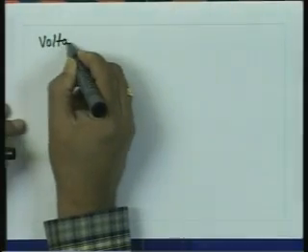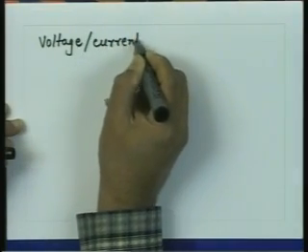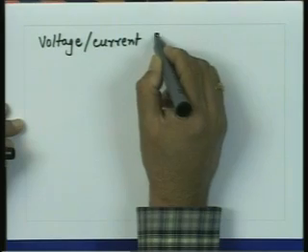The next application of the transmission line is the voltage or current step up transformer. So, the third application which we have here is the voltage or current step up transformer.